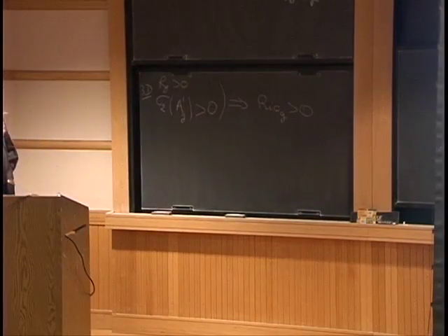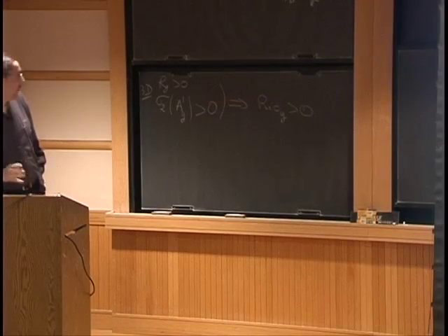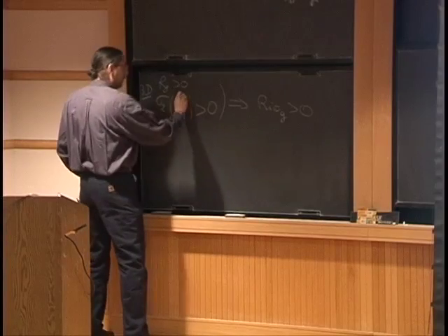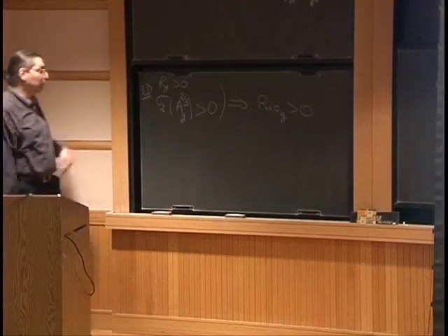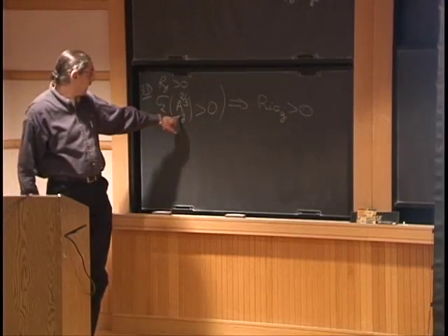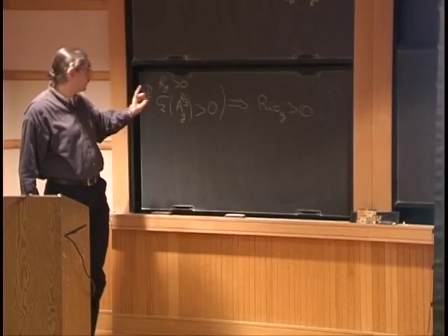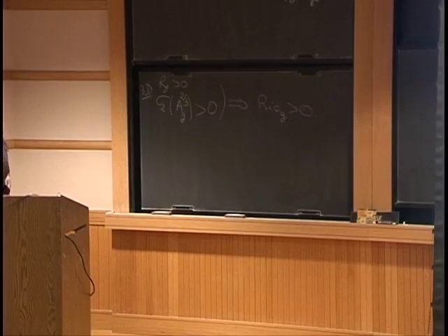But if t is not bigger than 2/3, then it's okay. And actually, it appears that this is also true if you take 2/3 here. If the scalar curvature is positive and sigma 2 of Ag with parameter 2/3, you can still say that the Ricci tensor is positive.